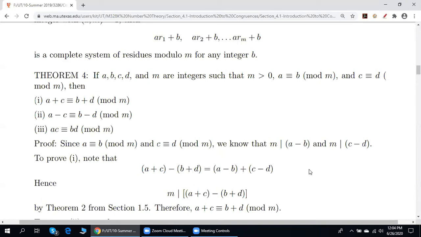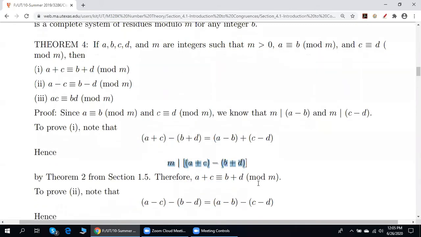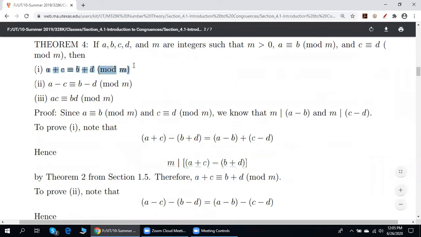Now, note that since M divides both A minus B and C minus D, M divides this. It's exactly what is written here. But this means, by definition of congruences, A plus C is congruent to B plus D modulo M. Proven.